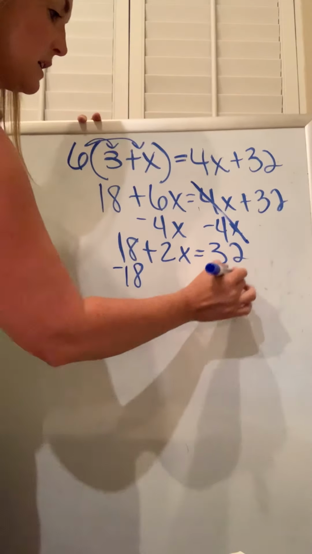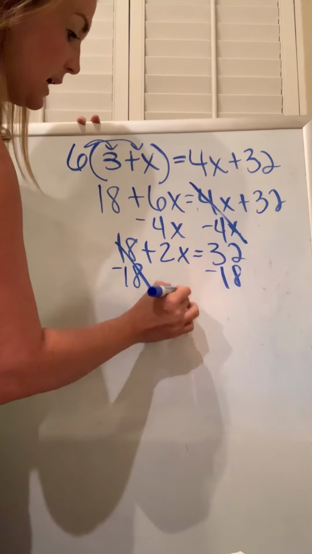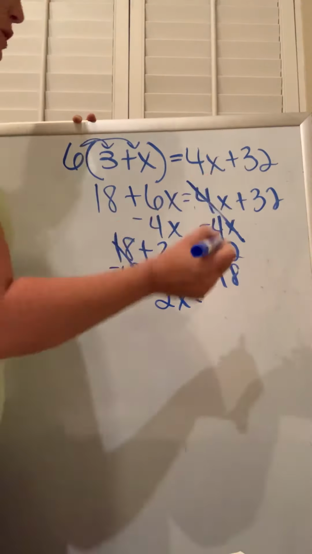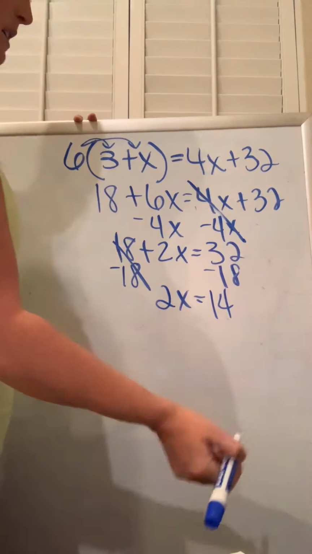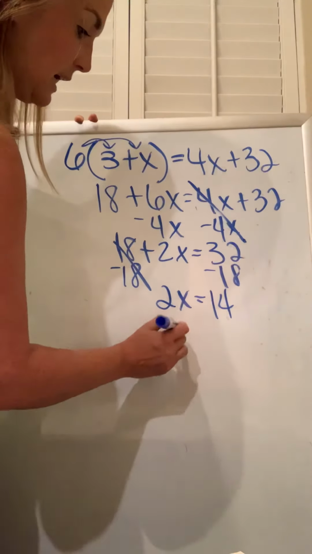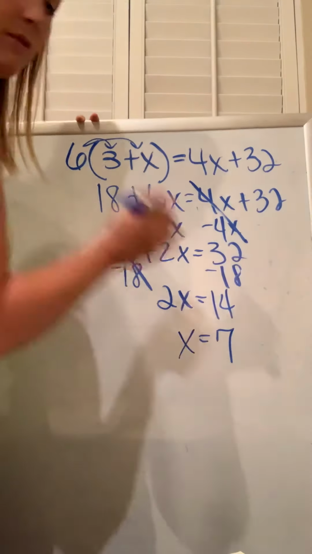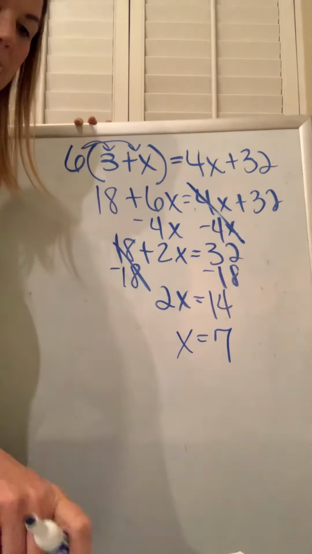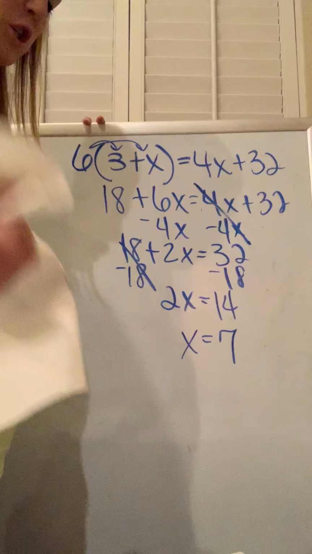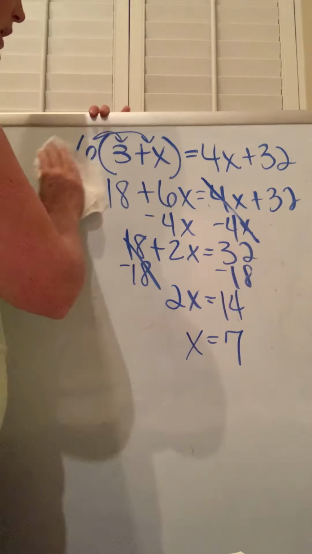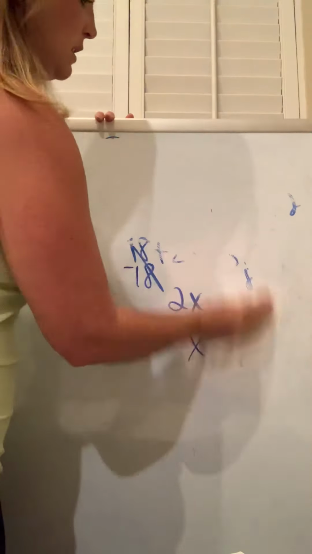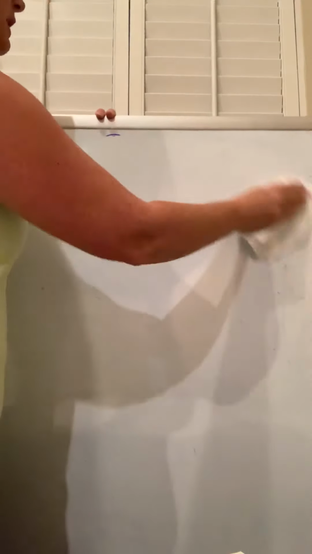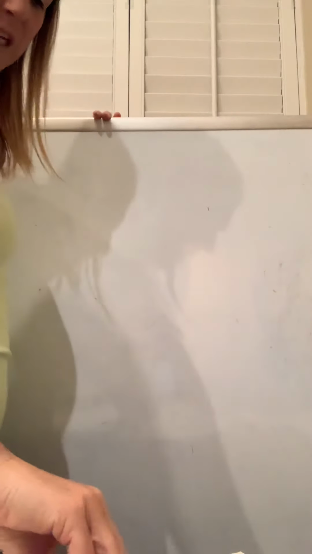Subtract 18, 2x equals 32 minus 18 is 14. And x is 7. Okay? Same thing, just getting the variables. We're just working it step by step. We're putting a bunch of things together that we've been doing. We're just putting it all together.